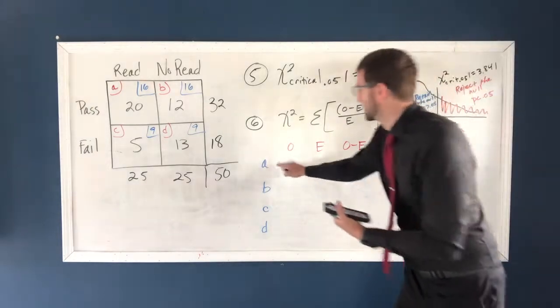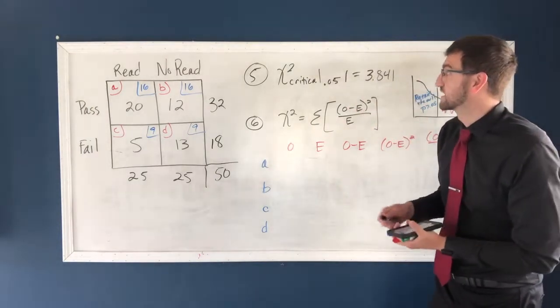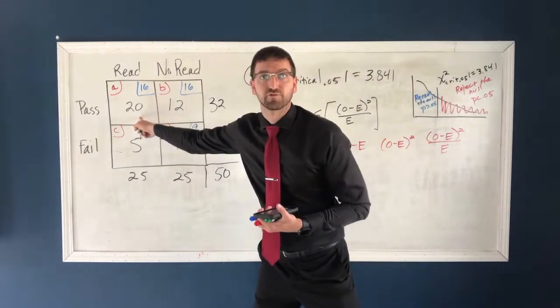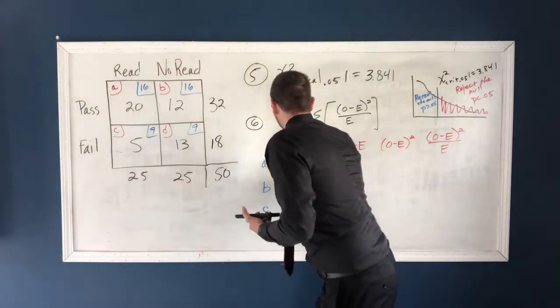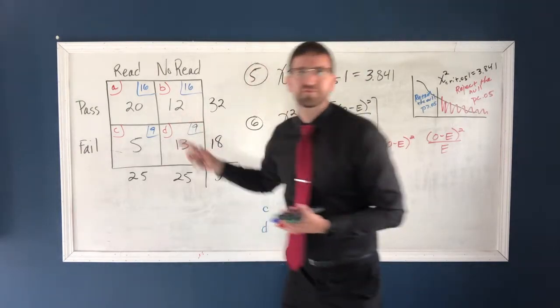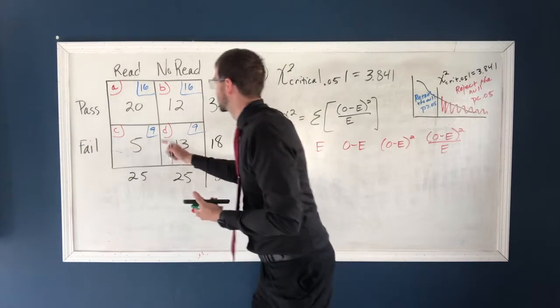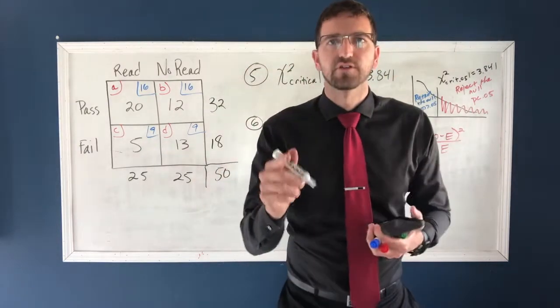So it's going to work out rather well. The first thing, for cell A, what's the observed value? The observed value is in black, remember, it's 20. For cell B, what's the observed value? It's 12. For cell C, it's 5.